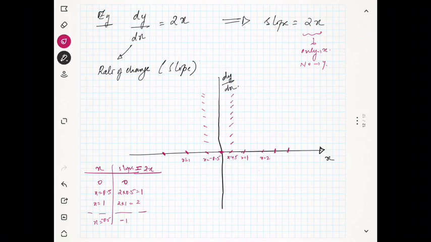And here when you consider x is equal to 0 for all values, the slope is almost 0. When you are considering any points which are close to 0.5, you have a slope which is equal to 1. And if you are considering any points at x equal to 1 irrespective of y, the slope is more, right? Slope is 2.